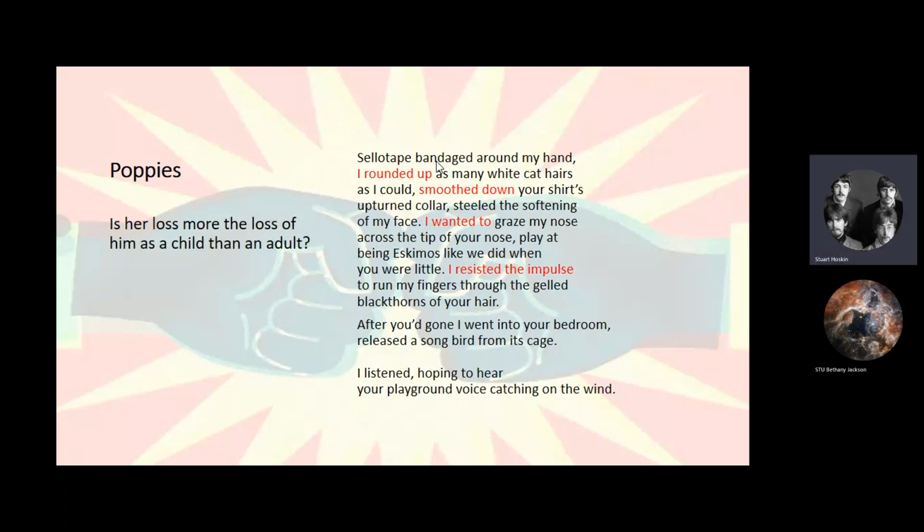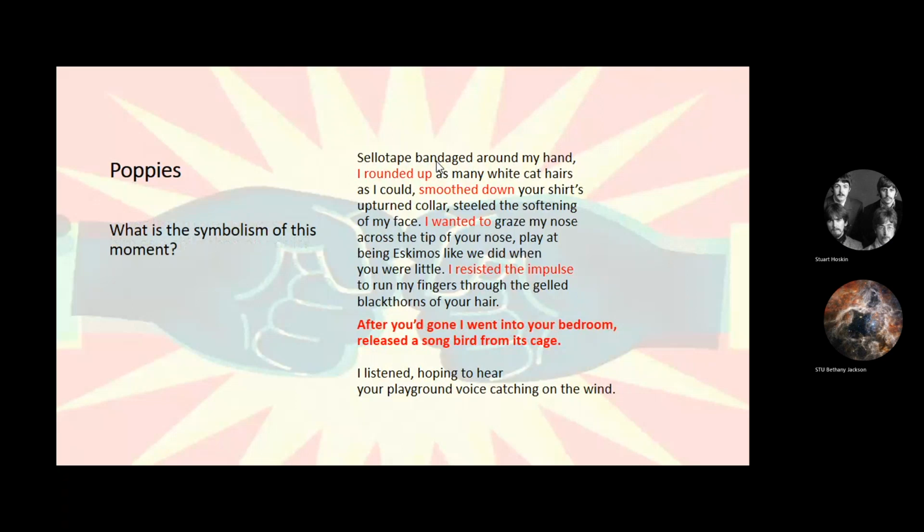Because as a mother, that's when she has the most impact, the most influence, the strongest ability to push her love and use her love positively. Well, it seems backed up later on in lines 23 to 24 with these lines. When he's gone, after he goes, it says, I went into your bedroom and released a songbird from its cage.